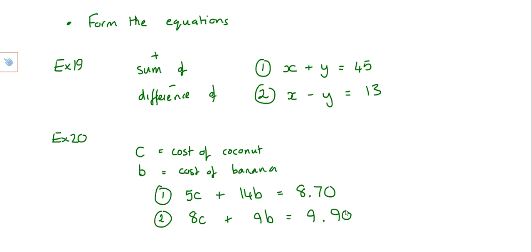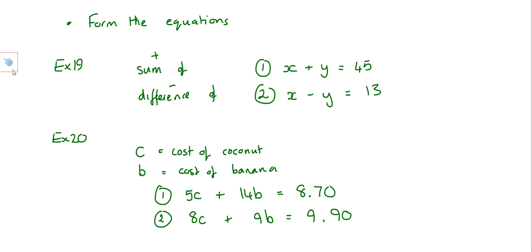Now, what do we have to bear in mind with this? I've written 8.70. In the book, they've written 870. Why? But how can I do that? They did.